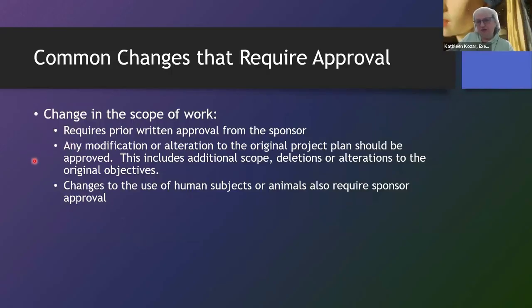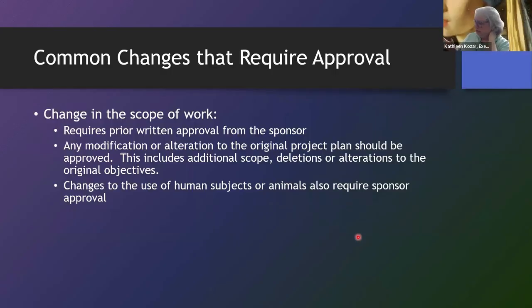So first, change in the scope of work. Any modification to the original project plan needs to be approved by the actual sponsor. You cannot approve that internally. This includes adding additional scope to the project, or reducing or deleting some of the work, or significantly altering the scope of work.